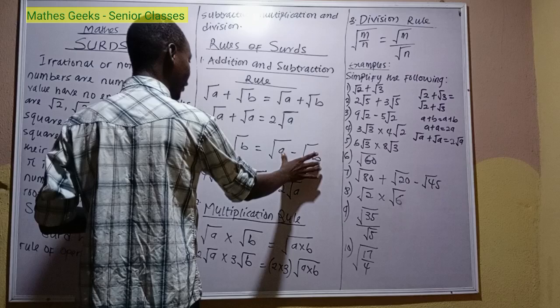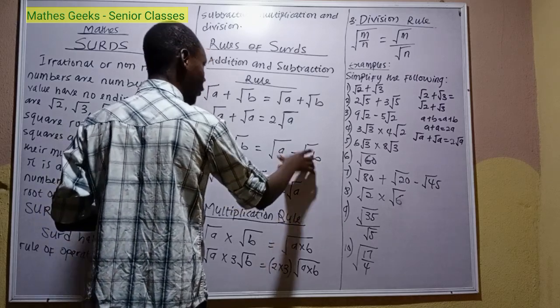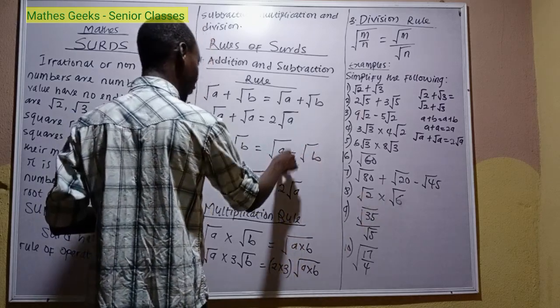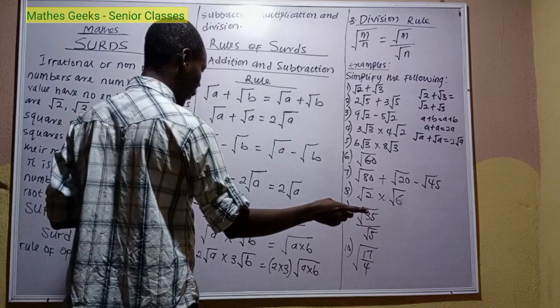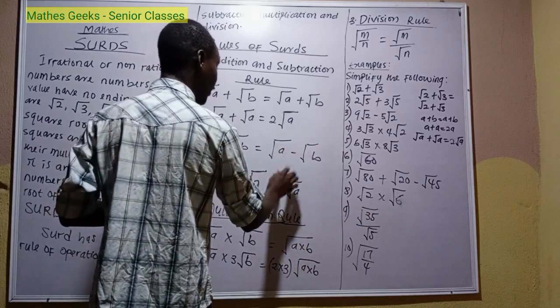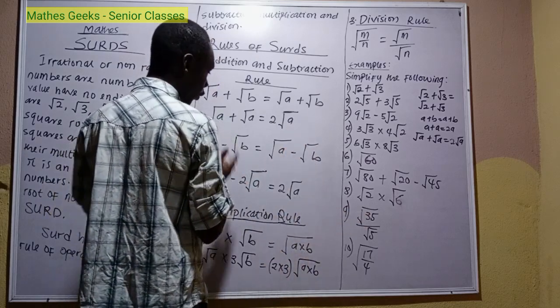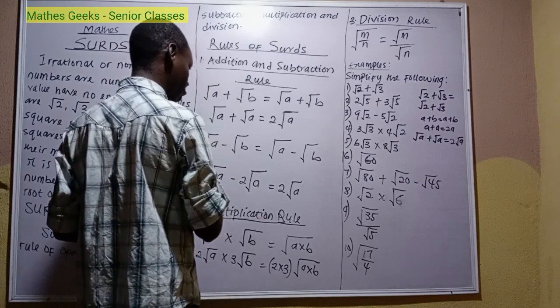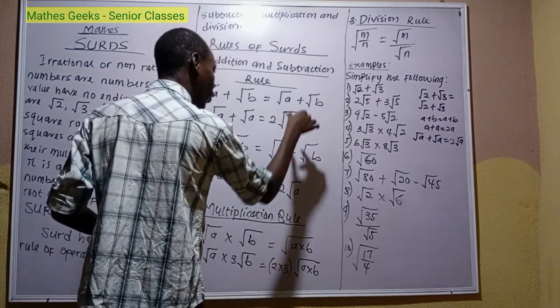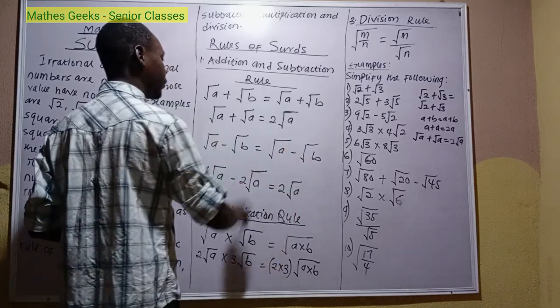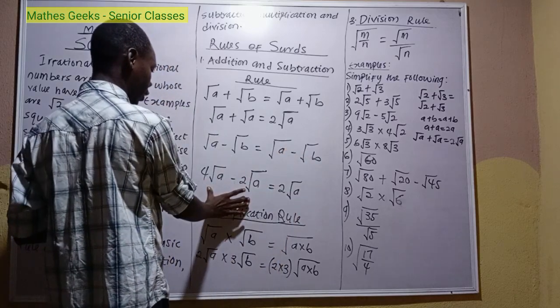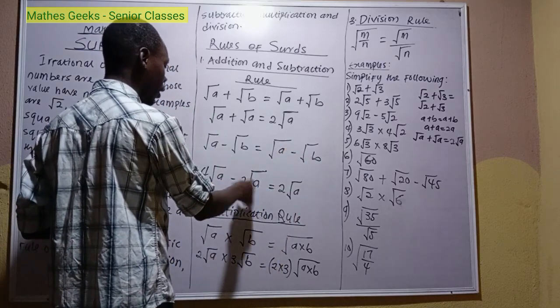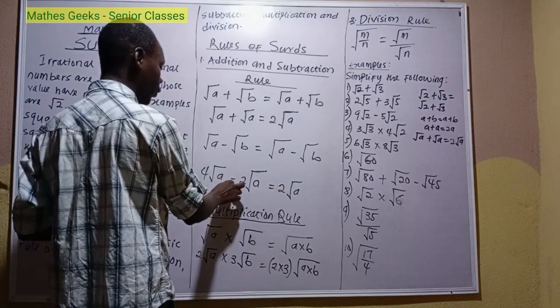Later on, we'll be using numbers instead of letters, and even at that point, if the numbers under the square root signs are not the same, we will not be able to add or subtract. But what if they are the same, which in this case they are, root a and root a? Then we can subtract because the operation is subtraction.